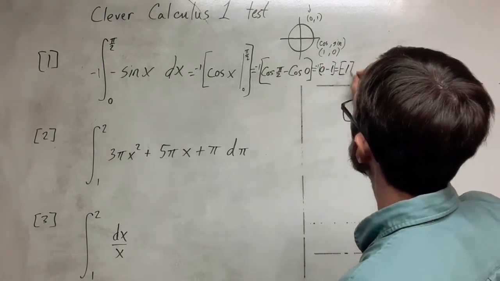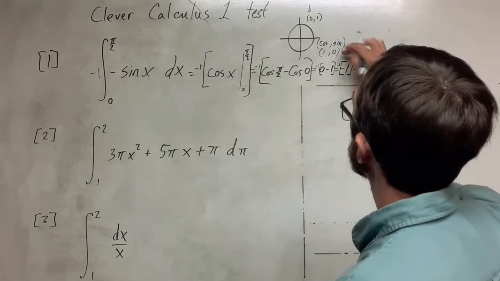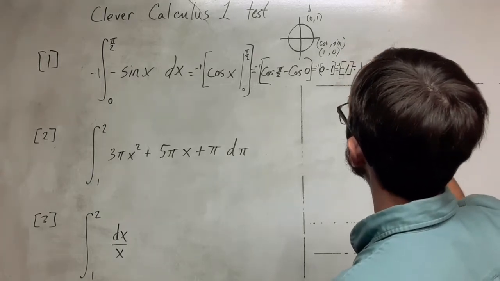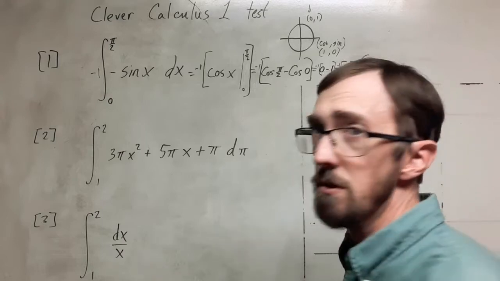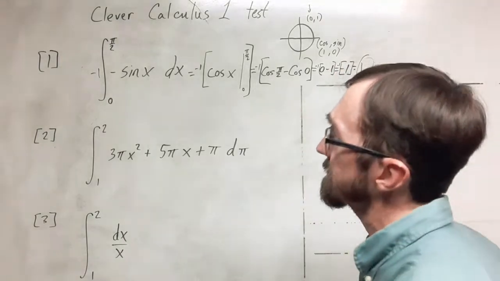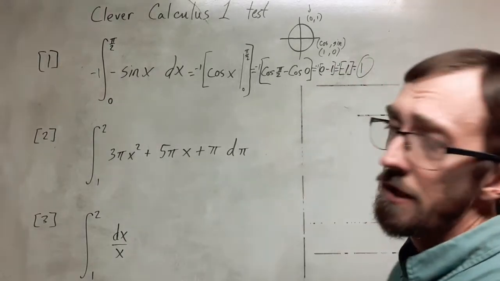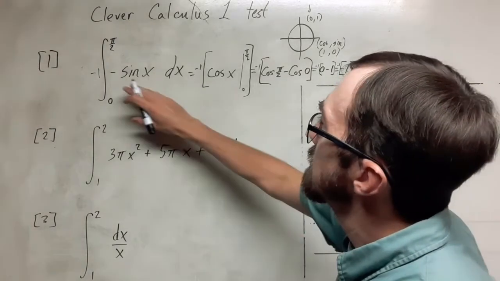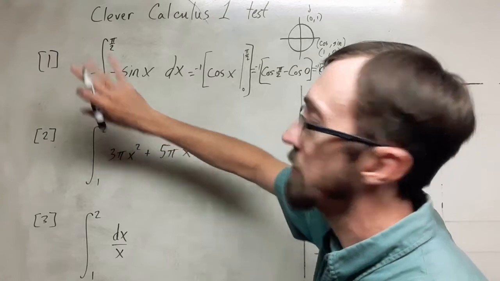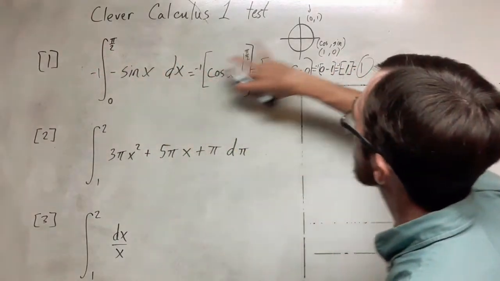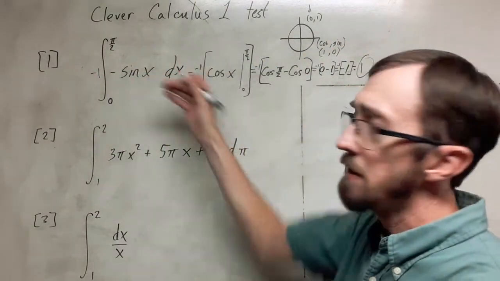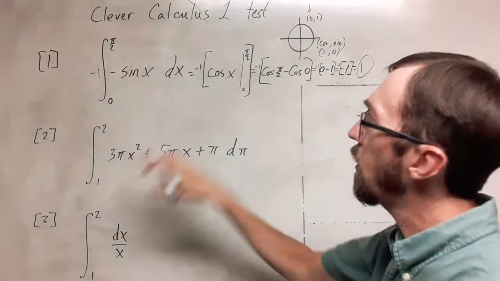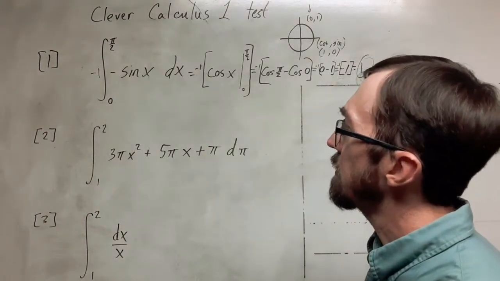And then this calculation here, we need that -1. -1 times -1 is +1, and that's going to be our final answer. Sign mistakes are typically common. Seeing that we need the adjustment factor and carrying that adjustment factor through the entire calculation is really important to get all the points for this problem.